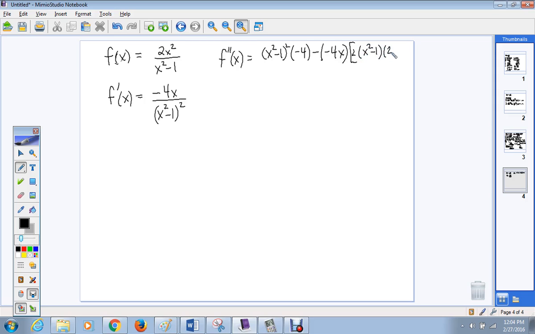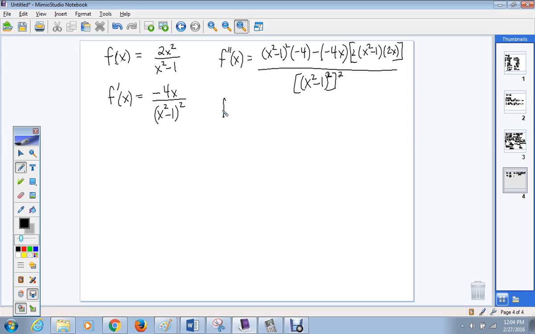But in applying the chain rule, we'd have times 2x, the derivative of the inside function, all divided by x squared minus 1. This quantity would be squared. This is a 2 here also.